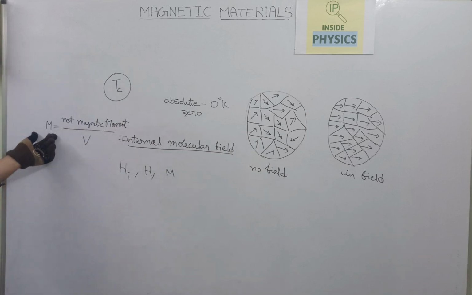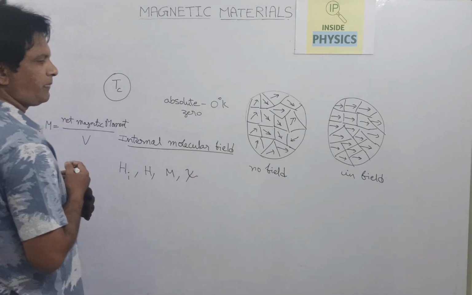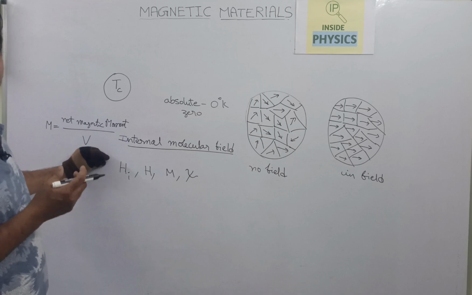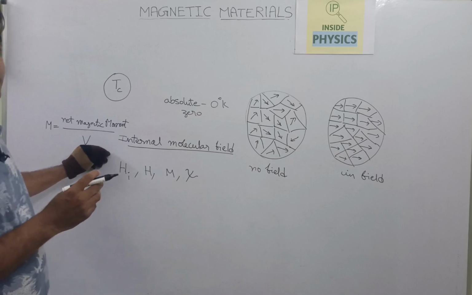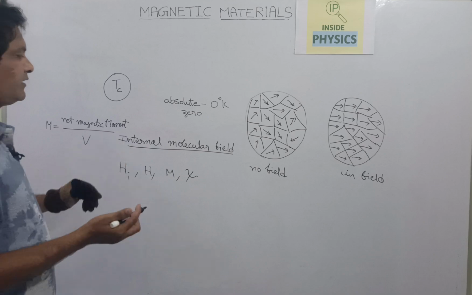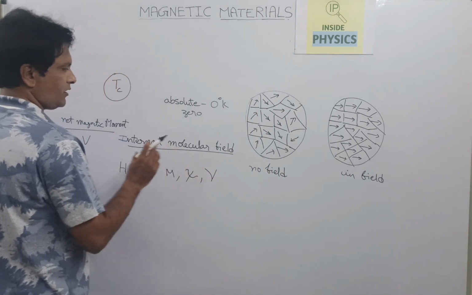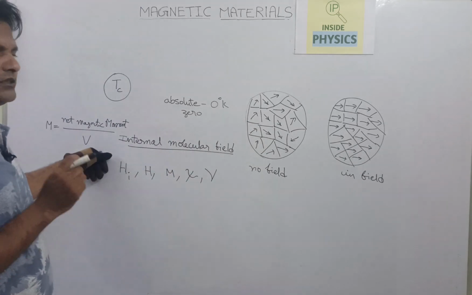This is the magnetization, and we all know the susceptibility of a material. Susceptibility is the degree of orientation of the magnetic dipoles that will orient in the direction of the magnetic field. And here we introduce gamma, a constant which is called the molecular field constant or Weiss constant.